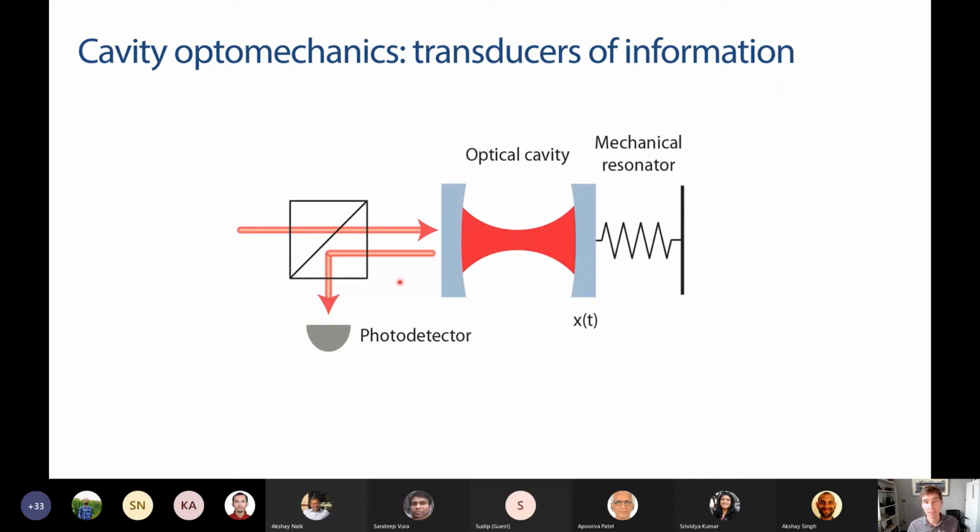Things can become quite interesting if the mechanical frequency is large compared to the time it takes for light to build up in the cavity, so like the cavity lifetime. In this case, the physics becomes quite rich, and you have sort of a feedback effect that you can use, and that we'll talk about through this talk.